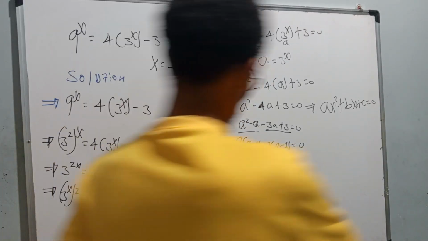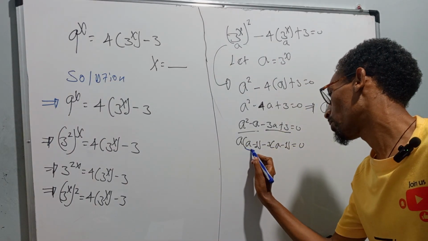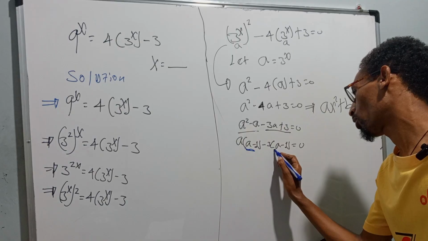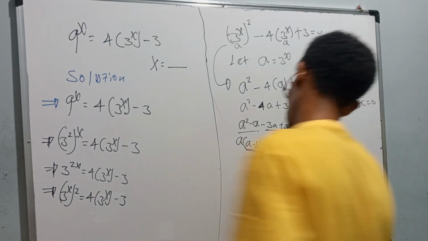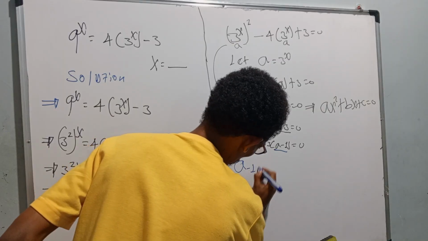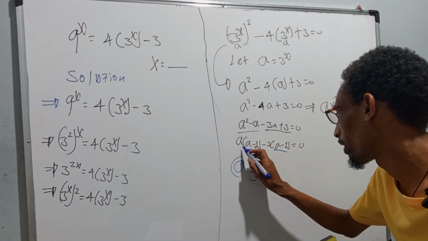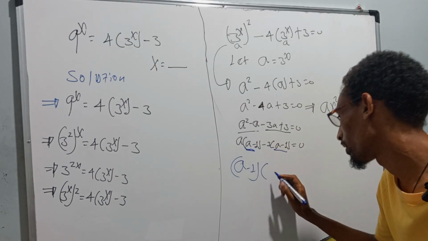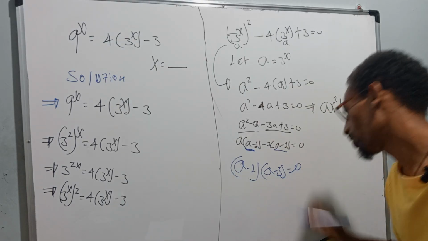Now again we have the common factor a minus 1 from here, and also a minus 1 from here. So now we take a minus 1 times a minus 3, which is equal to 0.